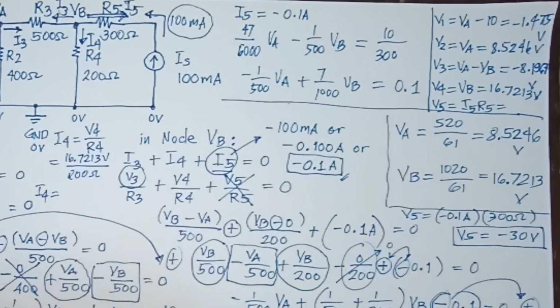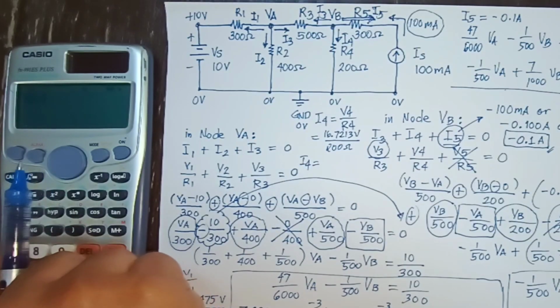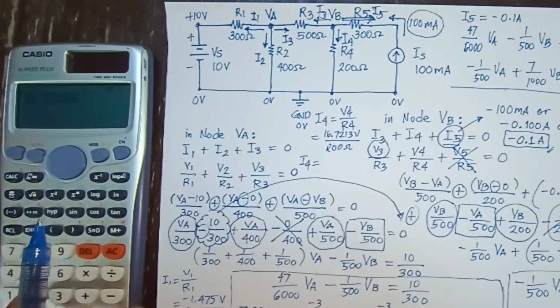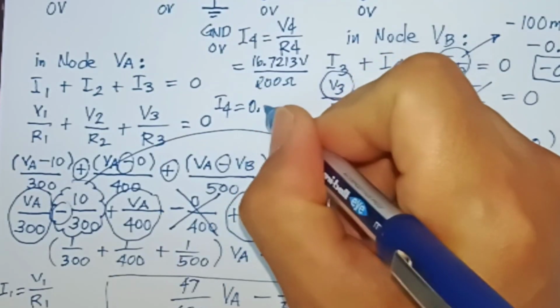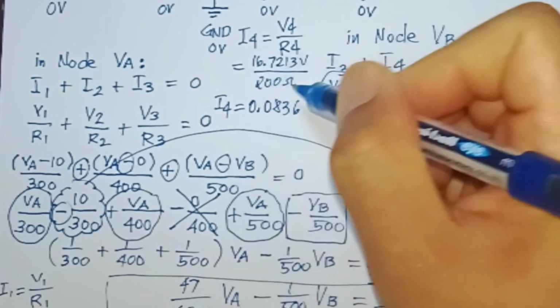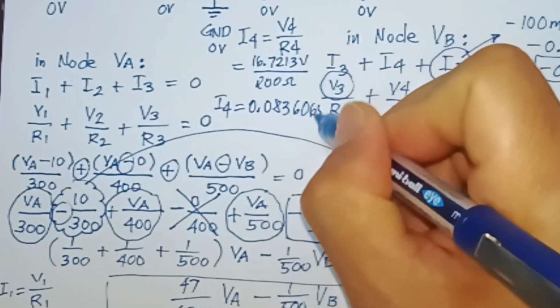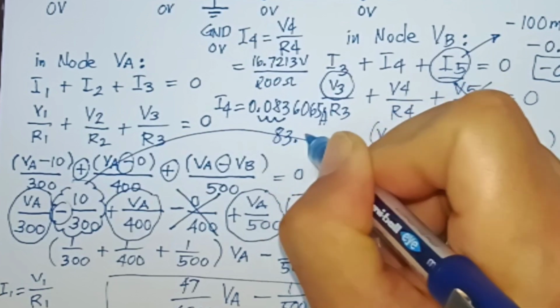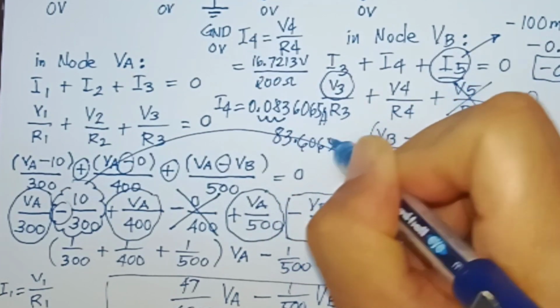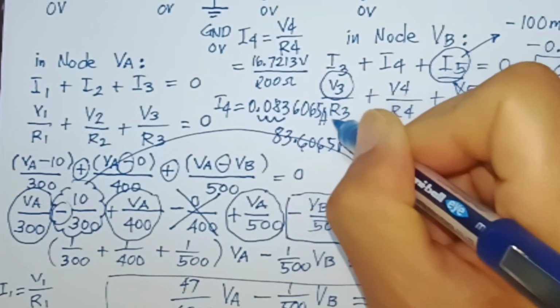Volt over ohm will be amperes, and the amperes can be changed to milliamperes by moving the decimal point to the right 3 times. So with our answer here, let's move the decimal point to the right and you will get the answer in milliamperes. And there you go, we got our I4.